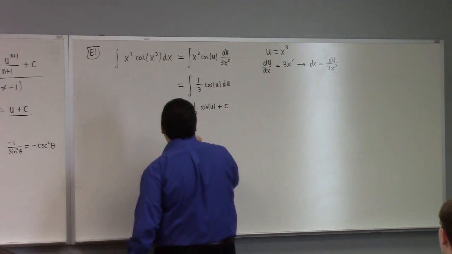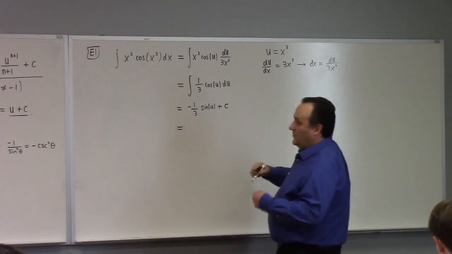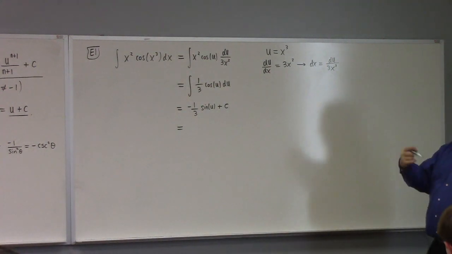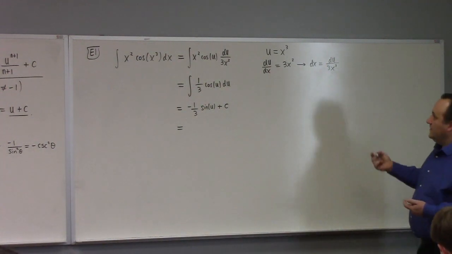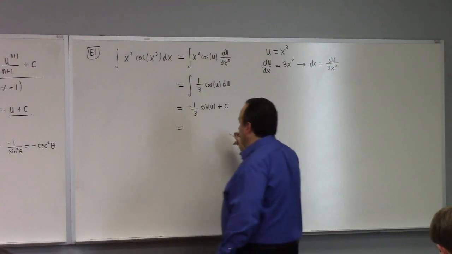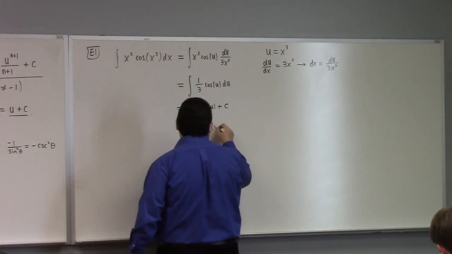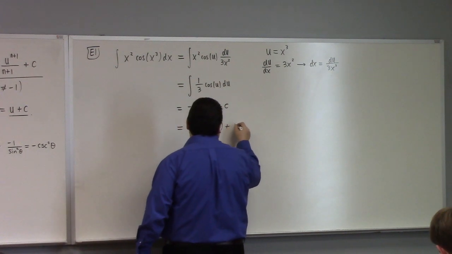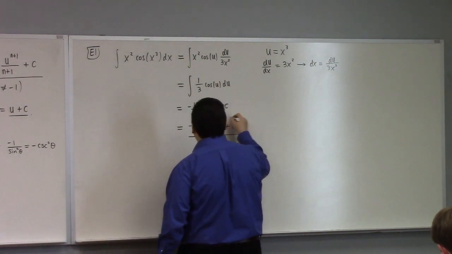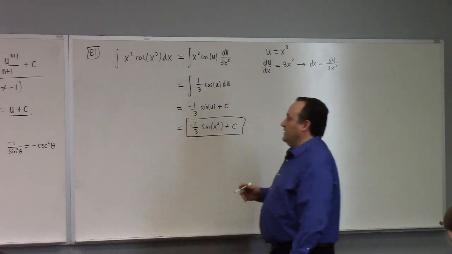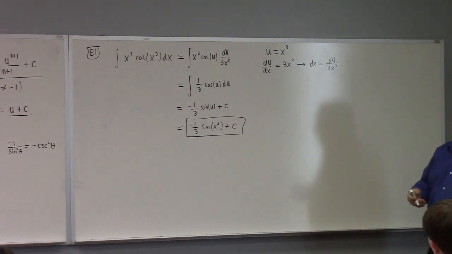And then nobody wants the answer in terms of the substitution. We need to go back to where we started. We need to undo the substitution for our final step here. So u is x cubed, and the answer is 1/3 sine of x cubed plus a constant. There you go. This is u-substitution.